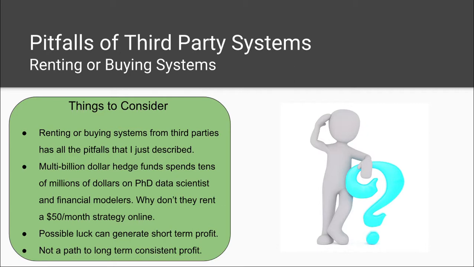Again, renting or buying systems, they've got all the pitfalls that I've just described. And if you think about it, some of these systems are $50 a month or a couple of $100 a month. And you've got these multi-billion-dollar hedge funds that spend tens of millions of dollars on PhD data scientists and financial modelers, and they spend all day, every day, trying to find an edge in the market and developing algorithms to take advantage of that.